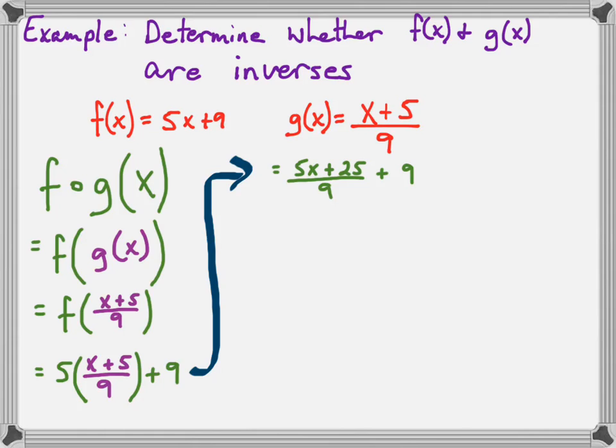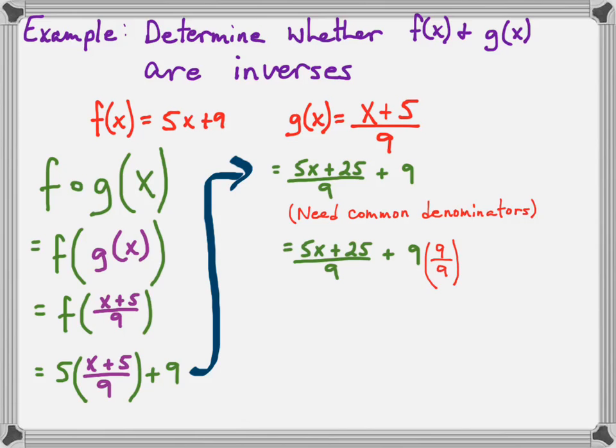So here we go. All I need to do is get this whole number a denominator of 9, just like this expression here. So if I multiply it by 9 over 9, then this expression here will become 81 over 9.